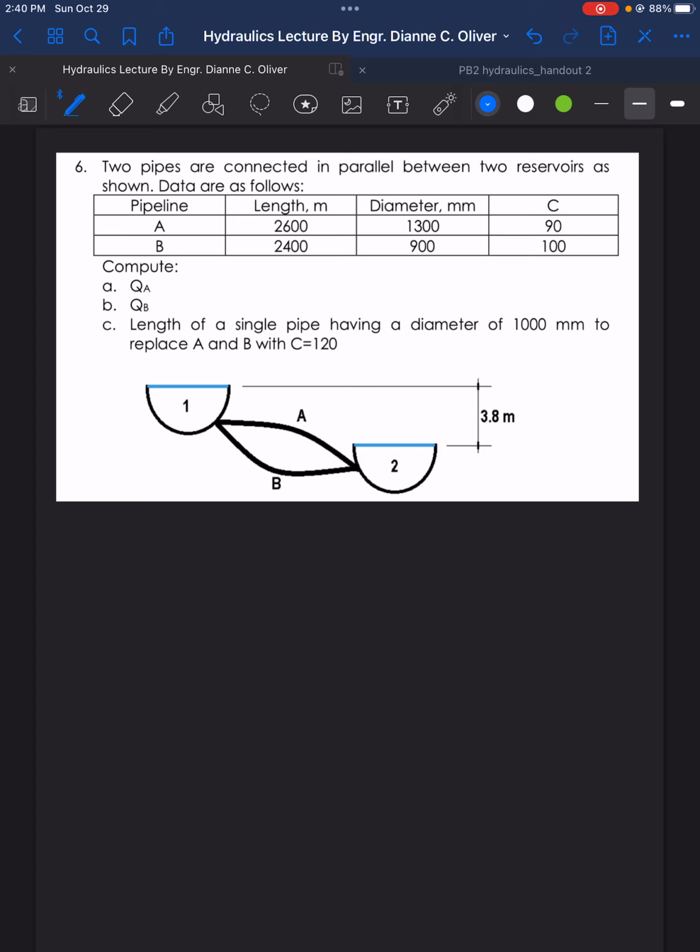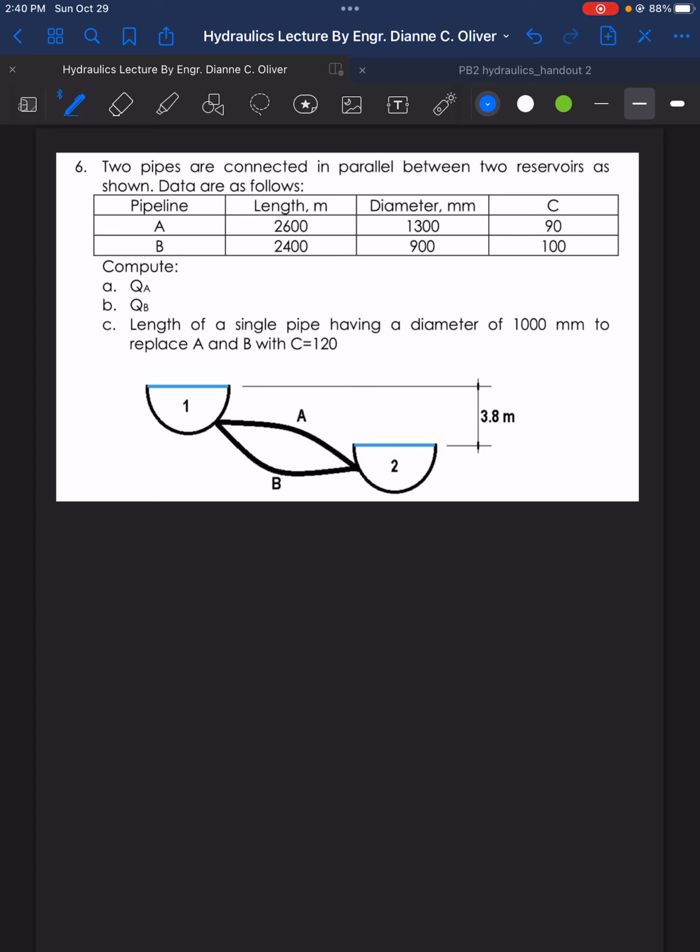Compute for letter A, Q sub A, B, Q sub B, and letter C, the length of a single pipeline having a diameter of 1,000 mm to replace A and B with the coefficient of 120.